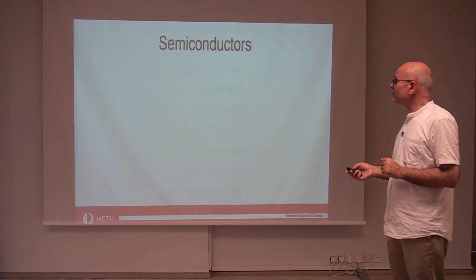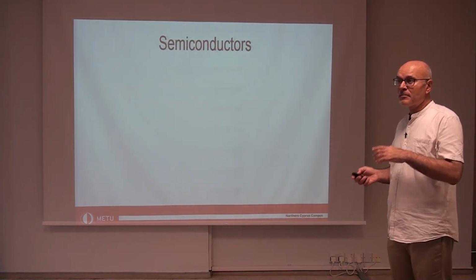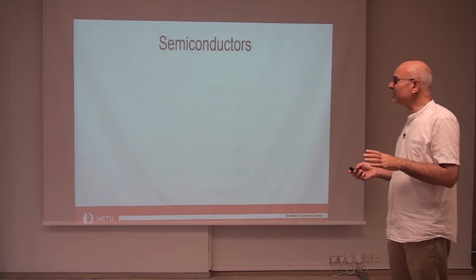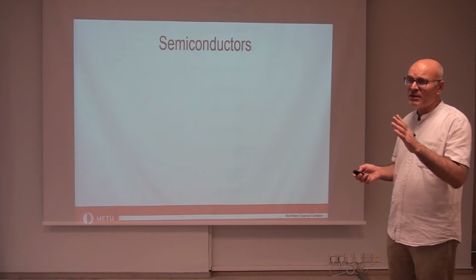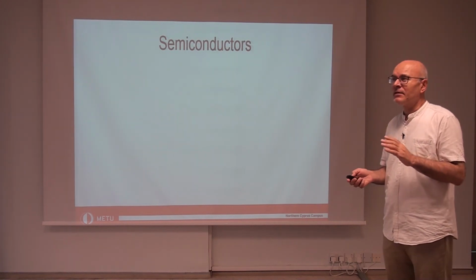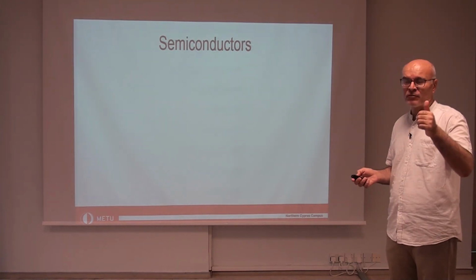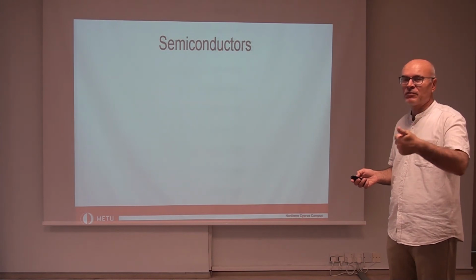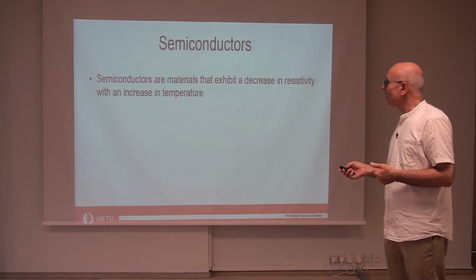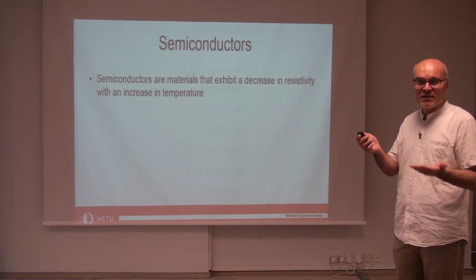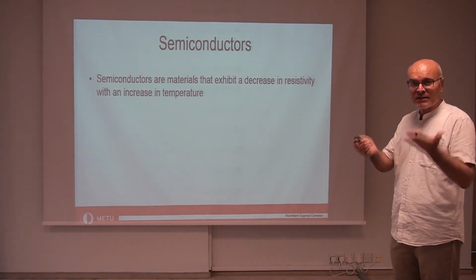Now, before closing, we'll just outline the properties of two types of materials that we have not discussed before. At the beginning of the course, we talked about conductors and insulators. Here, we mention semiconductors. Semiconductors are materials between conductors and insulators.